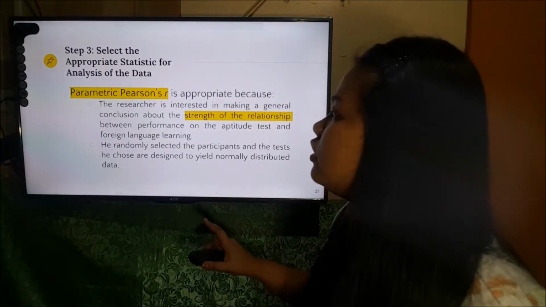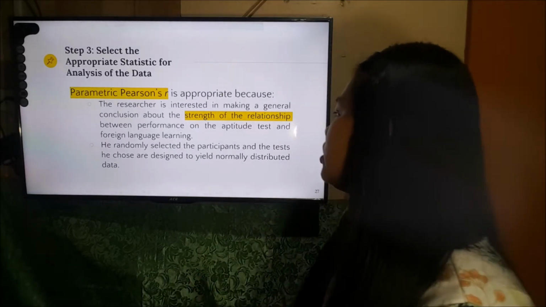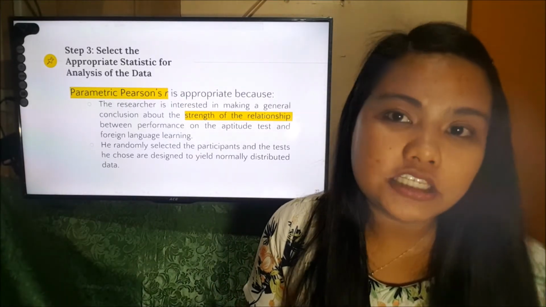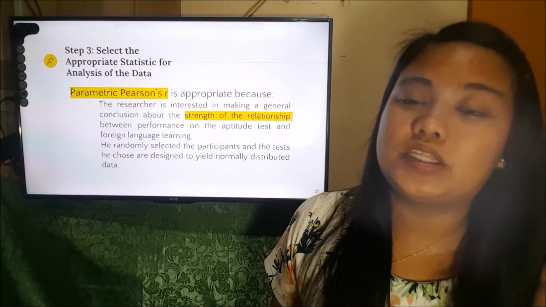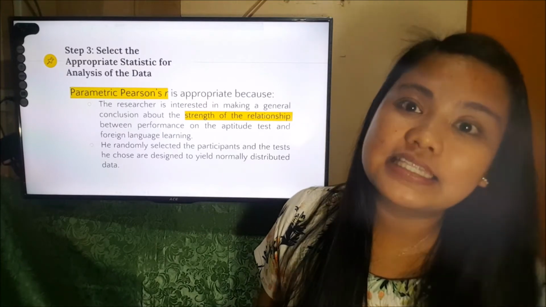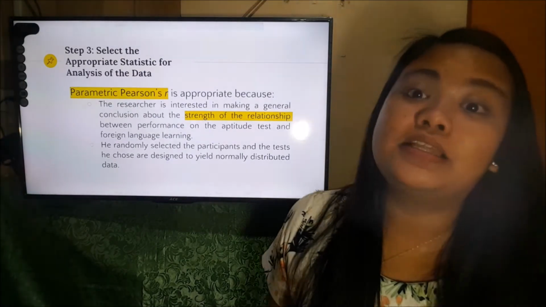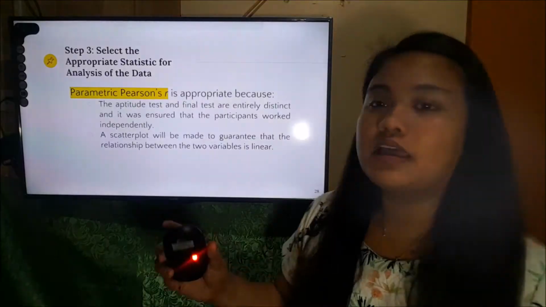Second, he randomly selected the participants and the tests he chose are designed to yield normally distributed data. Yes, the researcher randomly selected 15 children from all the participants and the tests he used are designed to yield normally distributed data. So yes, we adhere to this.